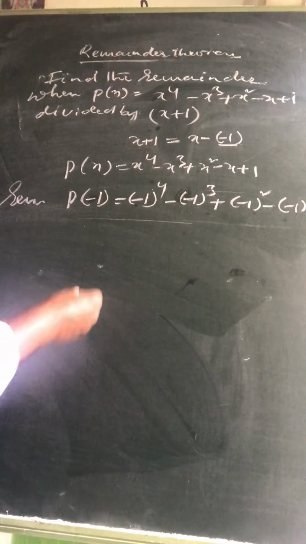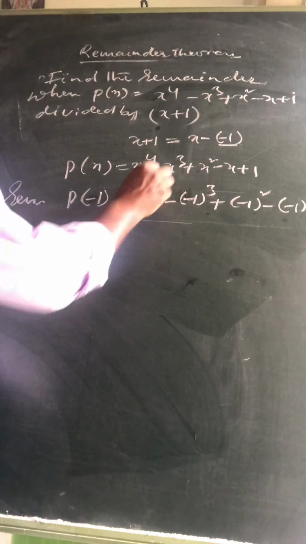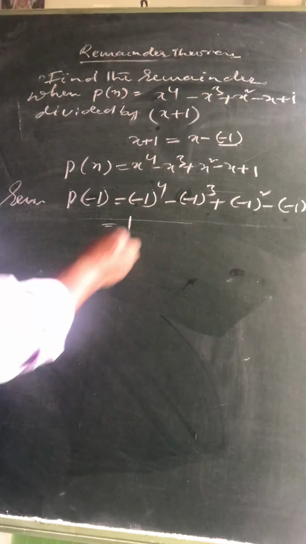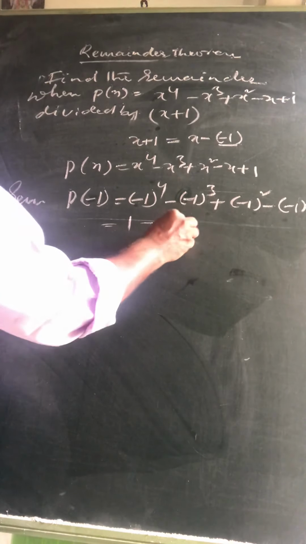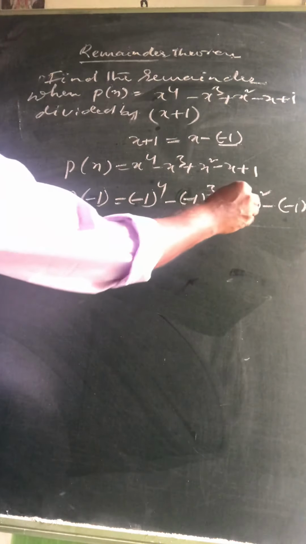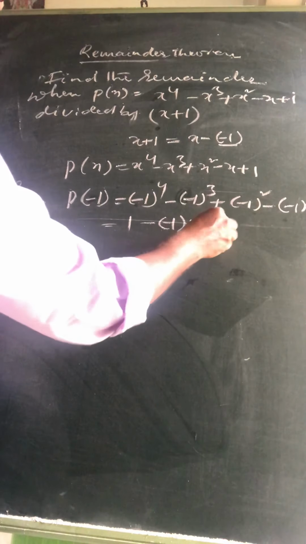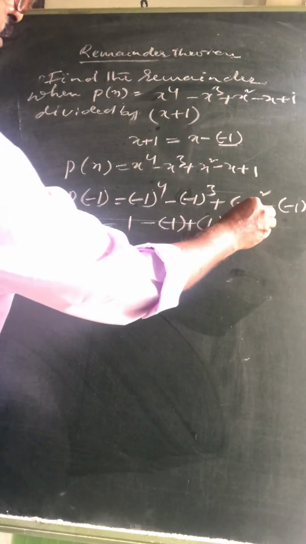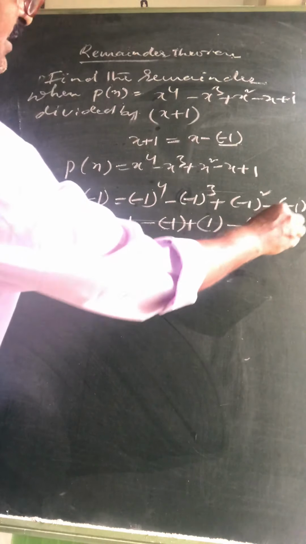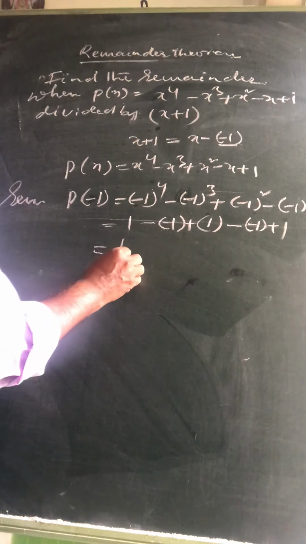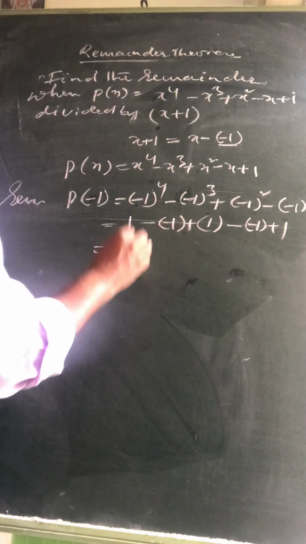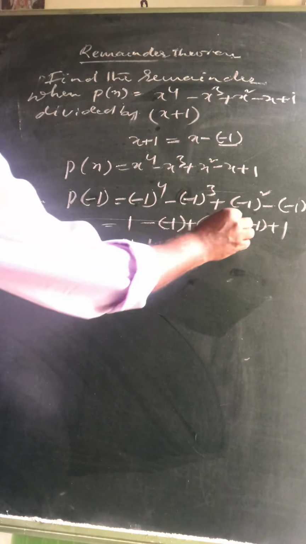Okay, now minus 1 whole to the power of 4 is 1, minus 1 whole to the power of 3 is minus 1, plus minus 1 whole square is 1, minus of minus 1, plus 1. Simplify it.